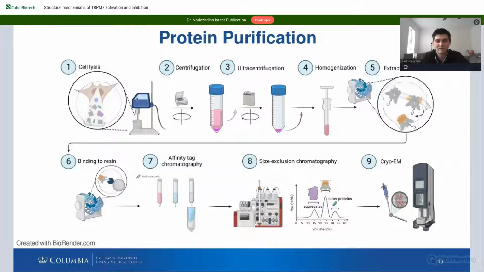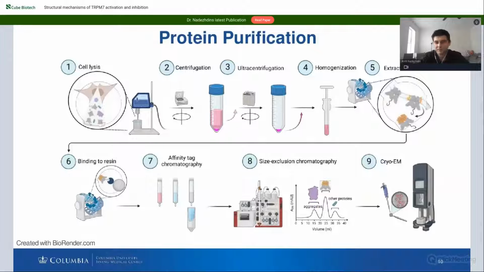Then we use simple affinity chromatography to purify our protein, because only our protein has the tag. And we use an additional step, size exclusion chromatography, where we further purify our protein from aggregates and other proteins. When we have our protein, we do cryo-EM and make grids.